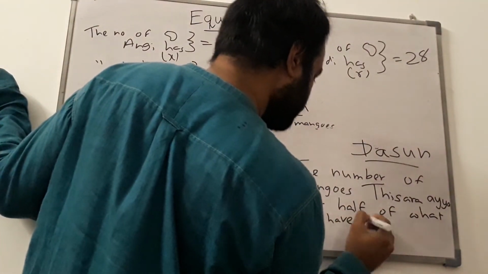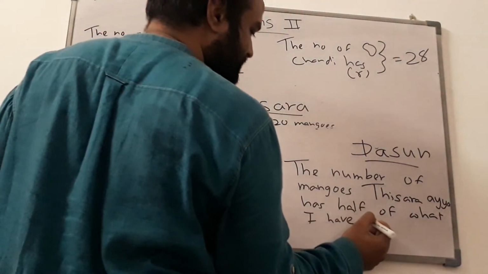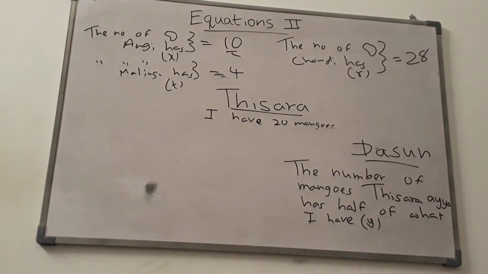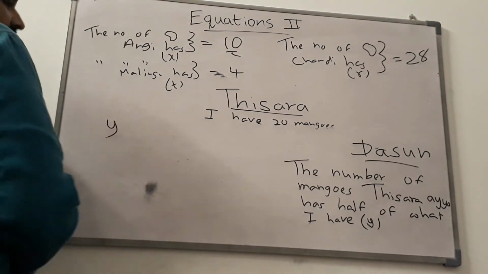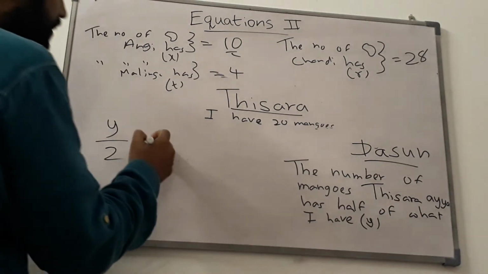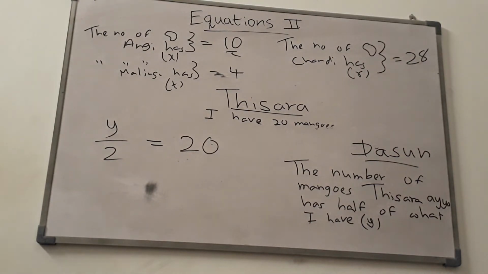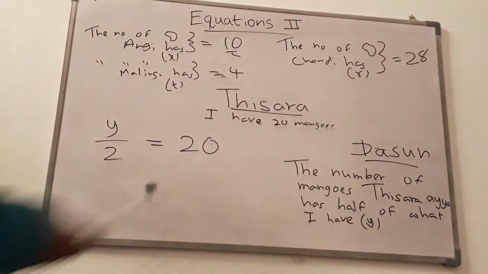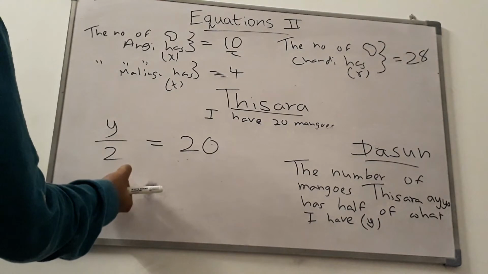The number of mangoes Dasun has is Y. Half means you have to divide Y by 2. Half of Dasun's amount is equal to Tisara's number of mangoes. So Tisara has Y divided by 2, and that is equal to 20.